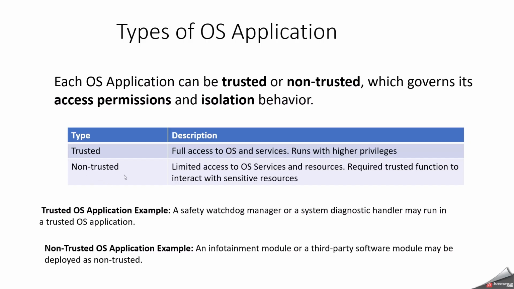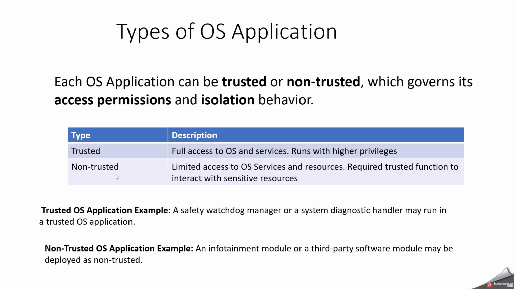And another one is non-trusted OS application. So here we have a limited access to OS services and resources. So non-trusted OS applications are not allowed to run with monitoring or protection features disabled at runtime. They have restricted access to memory, restricted access to operating system module APIs, and have their timing behavior enforced at runtime.